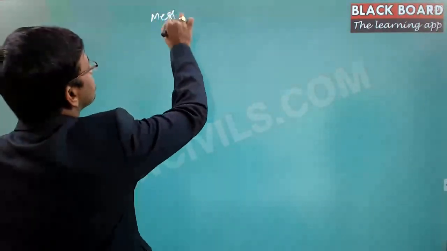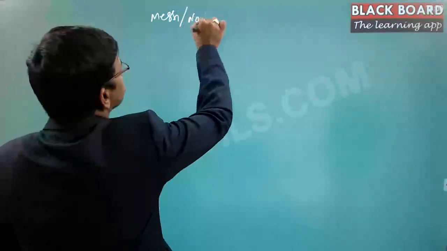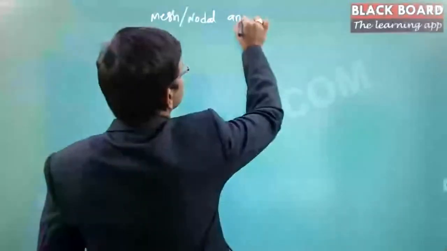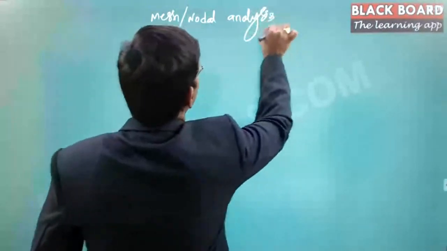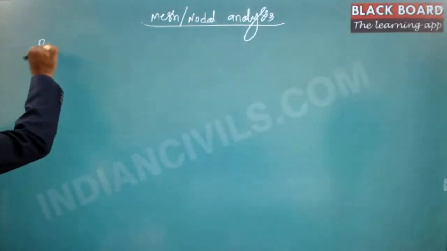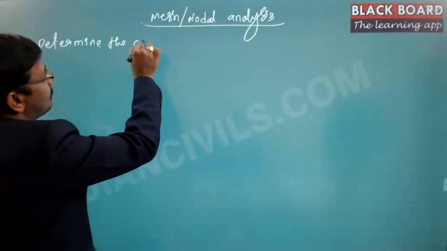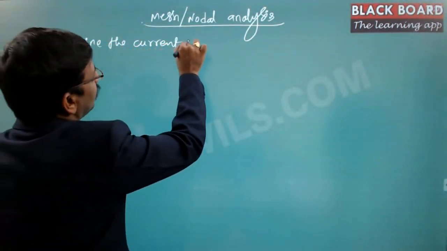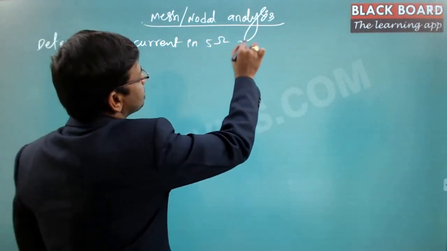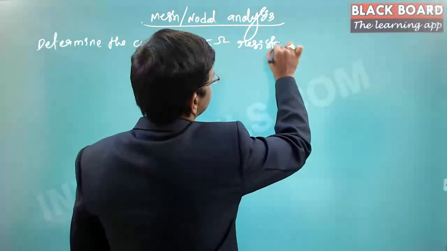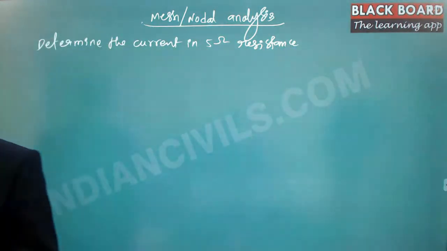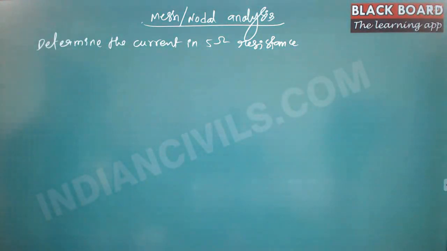So determine the current in the 5 ohms resistance in the network given below.